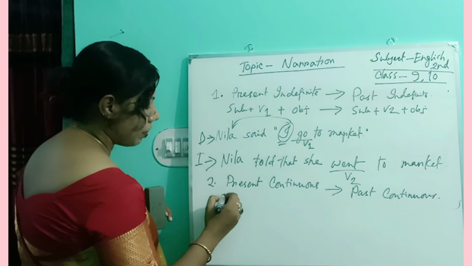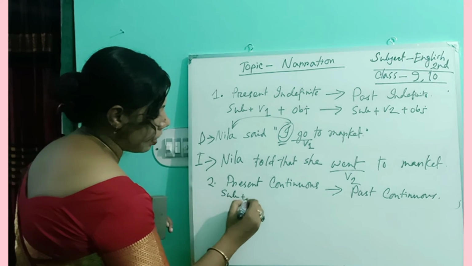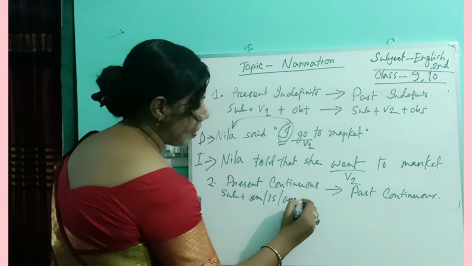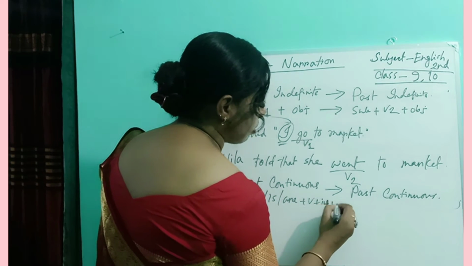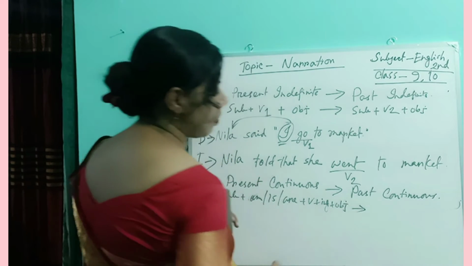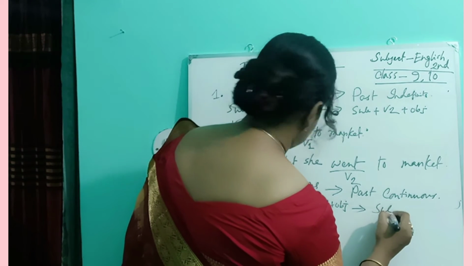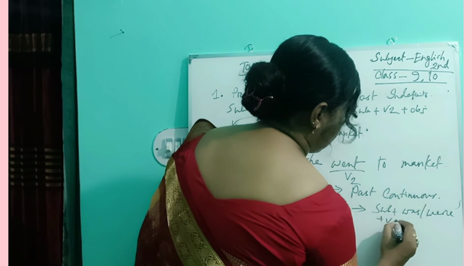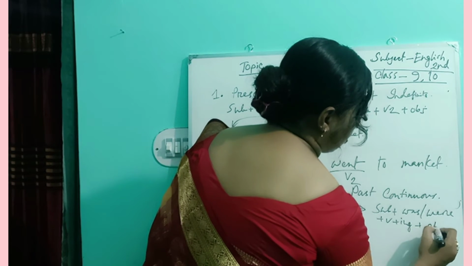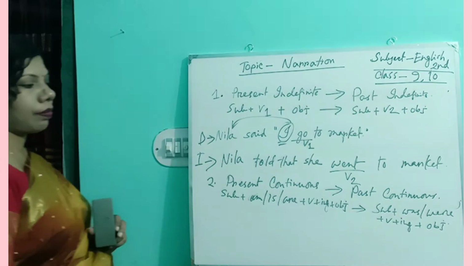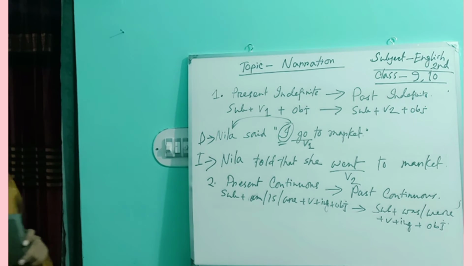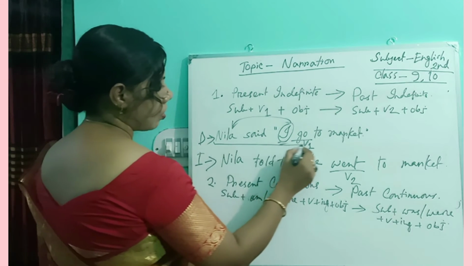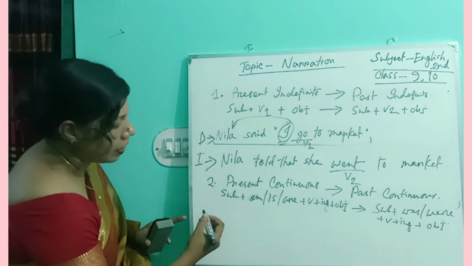The form is subject plus am, is, are plus verb plus ing plus object, and past continuous will be subject plus was, were plus verb ing plus object. We can use this sentence in present continuous.